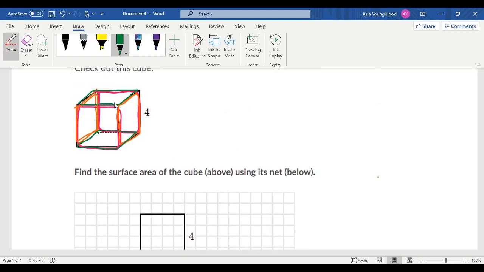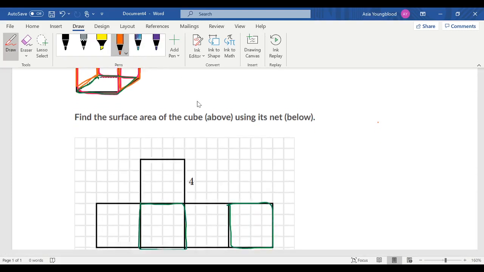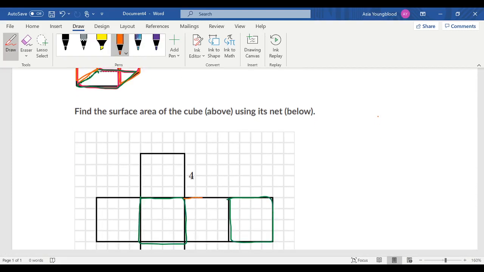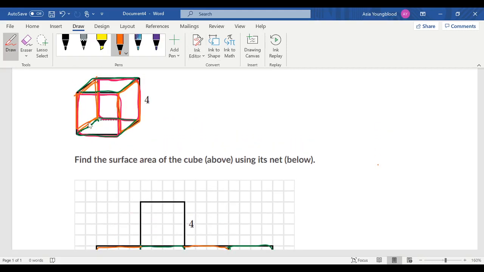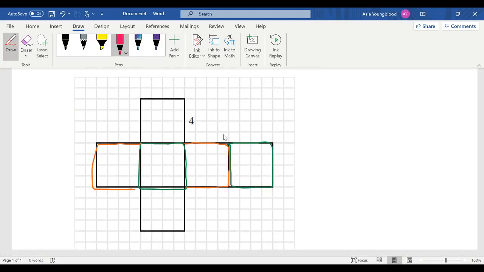And then these 2 side squares, which I made orange, are going to be here and here. And then this front and back square, which I believe I made pink, are here and here.